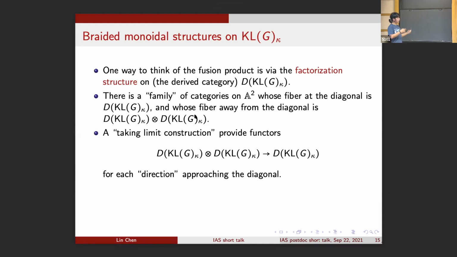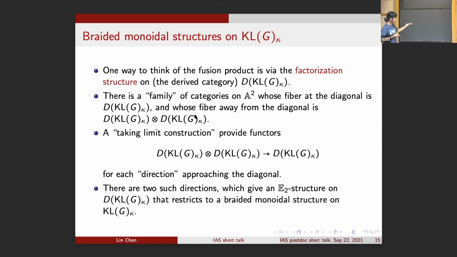Now for every direction approaching your diagonal from points away from the diagonal, there's a construction called nearby cycles, or taking limit constructions, so that you can define a functor from the tensor product to the category itself. And since there are essentially only two directions that allow you to approach the diagonal, you get two monoidal operations, and this gives you an E2 structure.